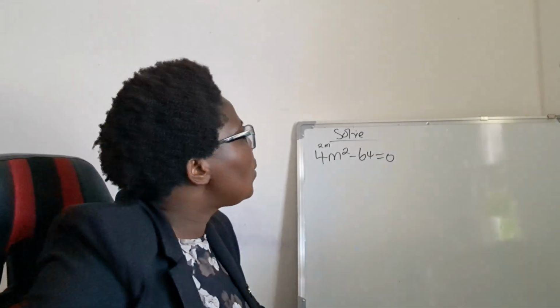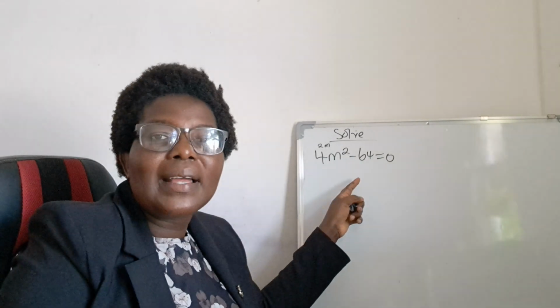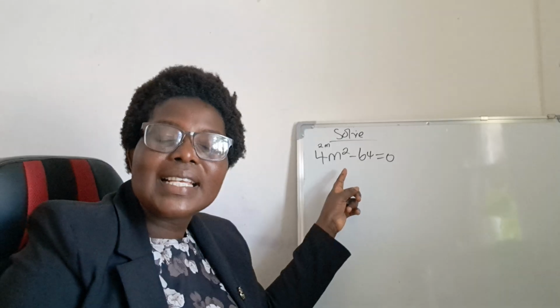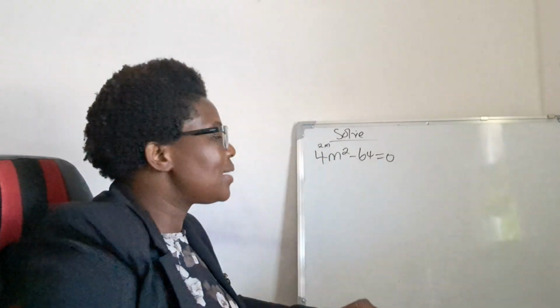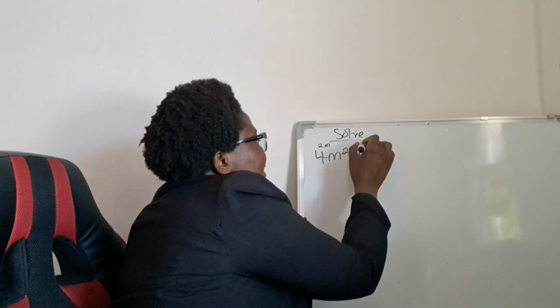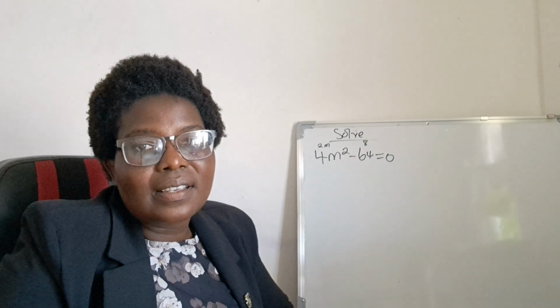Then we also have a situation here whereby we multiplied the same number twice to get 64. What number is that? That's 8. 8 times 8 gives us 64.